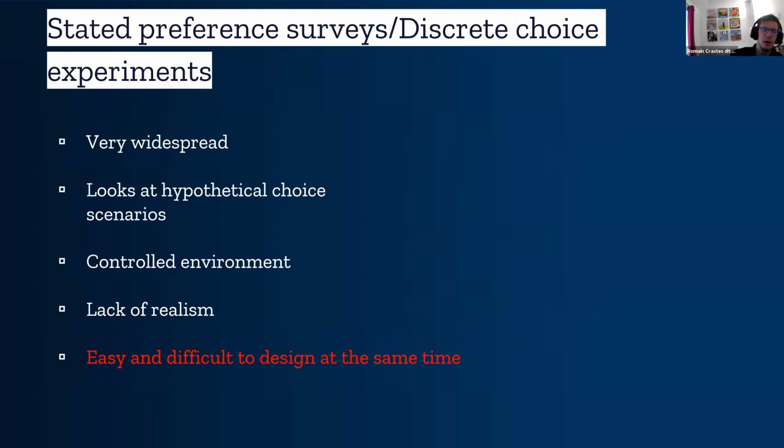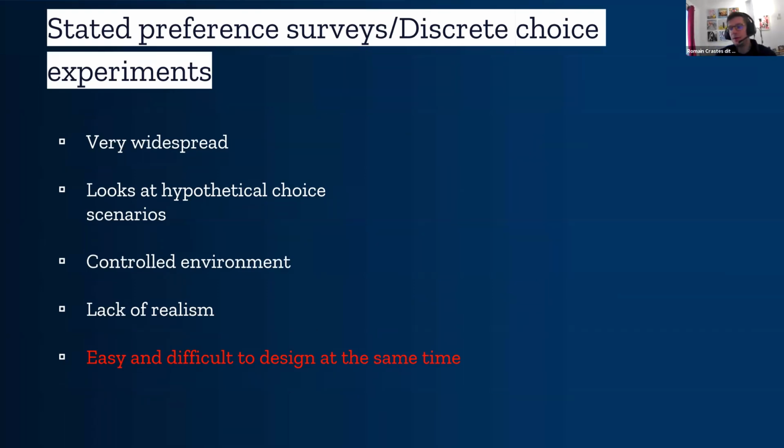And this is a technique which is very widespread to assess preferences of agents in a hypothetical context. A very broad definition would be that this is a survey method where you present agents or decision makers with a set of hypothetical scenarios in a controlled environment, and you ask them which alternatives they prefer as a function of the features of these alternatives.